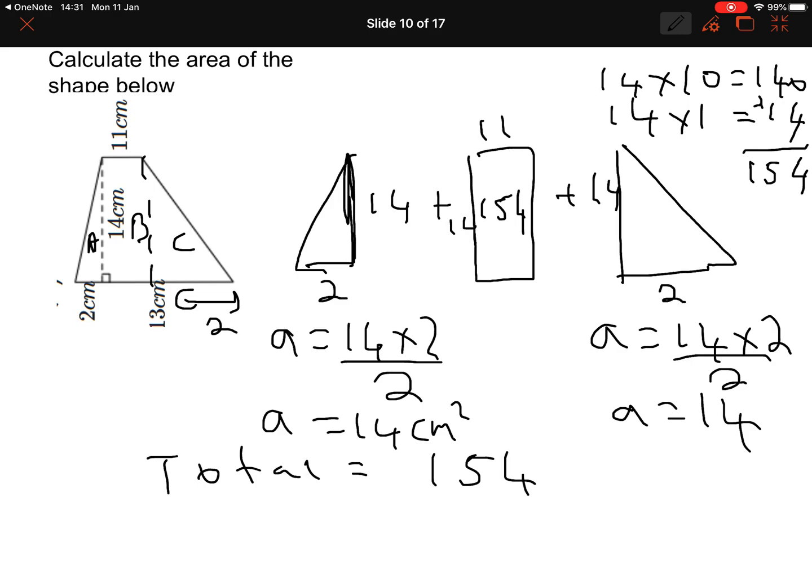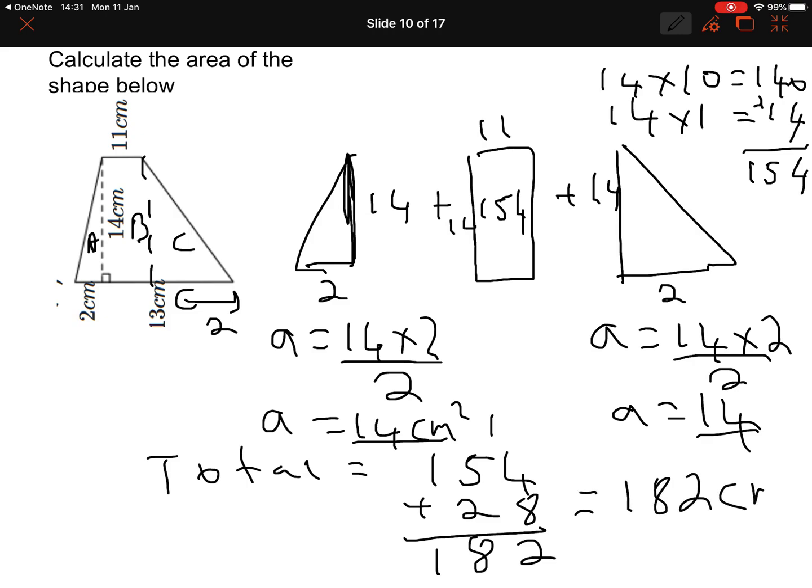The total would be 154 centimeters squared plus, well, I know 14 plus 14 is 28, so I can do it like this. Okay, just adding 14 and 14 together. So 4 plus 8 is 12. 2 there, carry the 1. 5 plus 2 plus 1 is 8. And 1 plus itself is 1. So the answer is 182 centimeters squared. Okay?